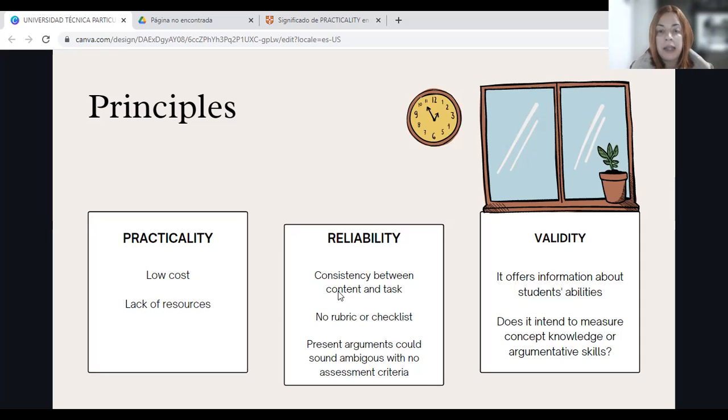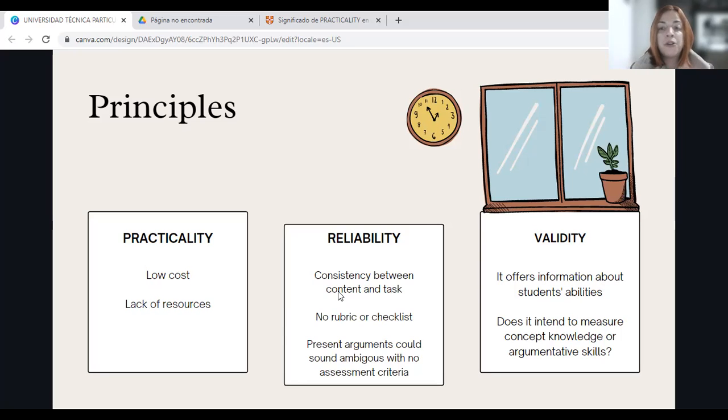For reliability, I can see that there is consistency between the content and task. So the statement, arguments, discussions, these 3 words, let's say, they are related. So there is consistency, but there is no rubric or checklist. So there's no way students can know what the teacher expects from them.